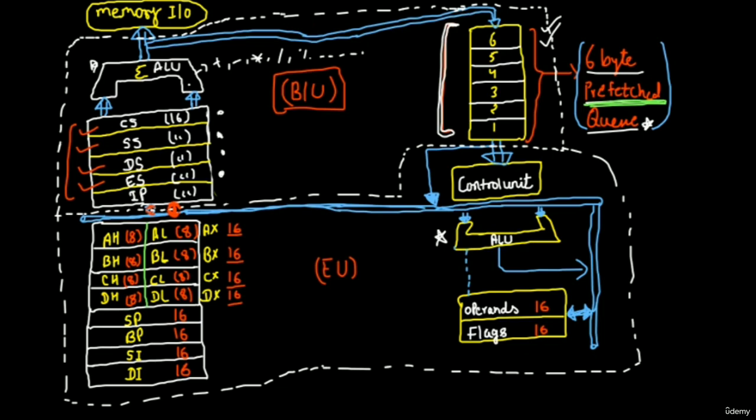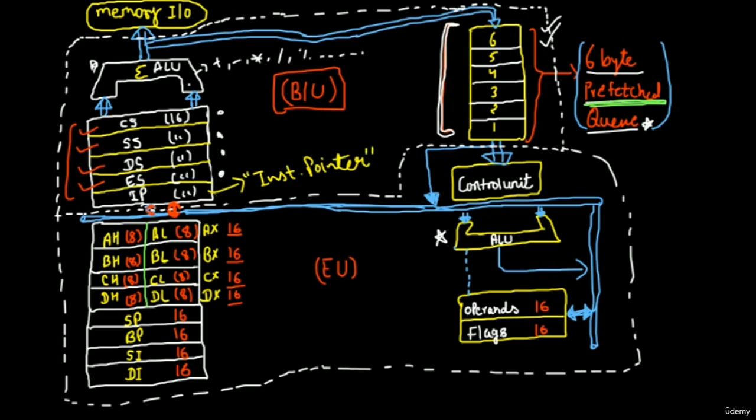It also contains one pointer register. Something new came into the picture that I wanted to tell you: here is the instruction pointer. The full form of IP is instruction pointer. Just to satisfy the curiosity for a moment, this is the offset address.